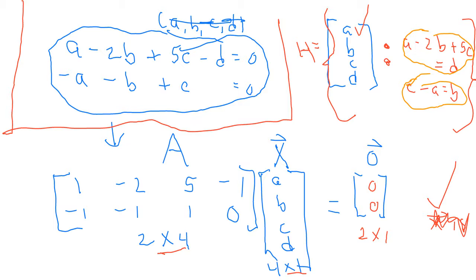But what we did was we rewrote the conditions this way, and then we expressed the conditions this way: A times x equals 0.